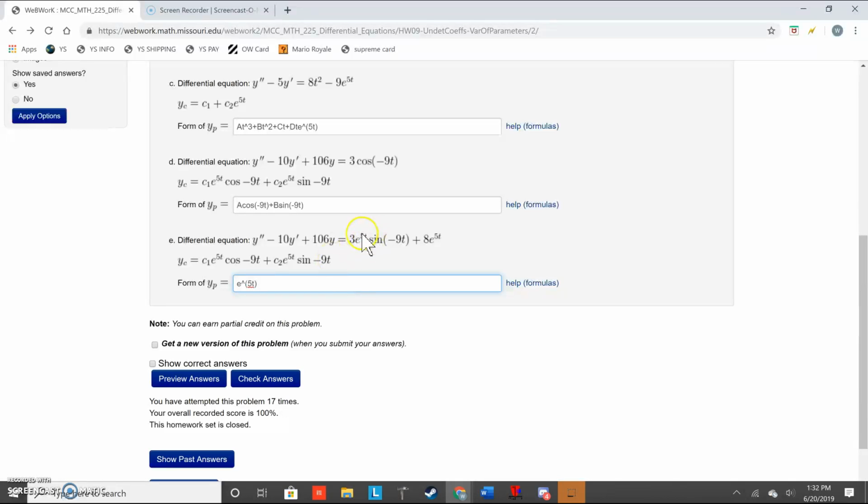Whenever the e to the 5t is multiplied by a form, you don't have to add an a or a b onto it. The only time you need to do that is if the e to the 5t is alone, such as this one over here. So let's multiply the e to the 5t by cosine of negative 9t plus sine of negative 9t. And I almost forgot, we're going to have to include these a and b terms over here.